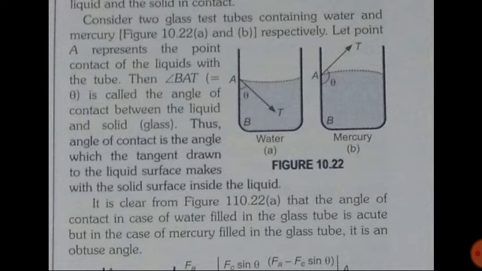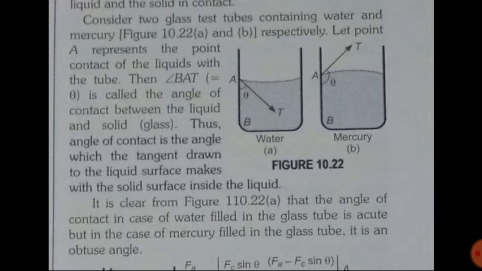In case of water and glass, adhesive force is more than the cohesive force, and that's why the water sticks on the glass. If adhesive force is more than cohesive force, then the substances stick to each other.